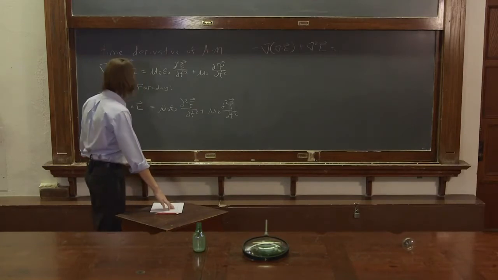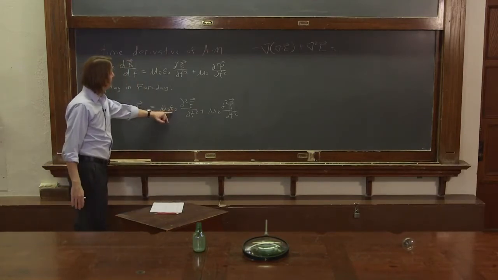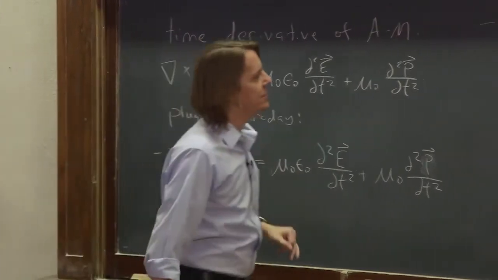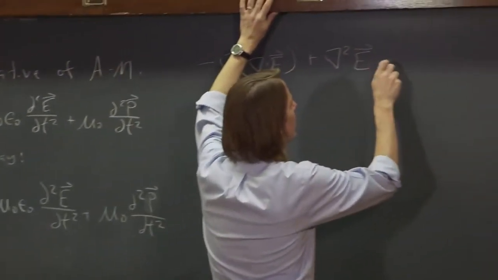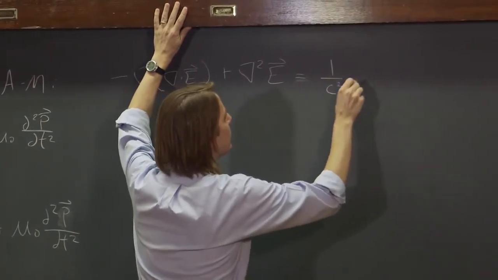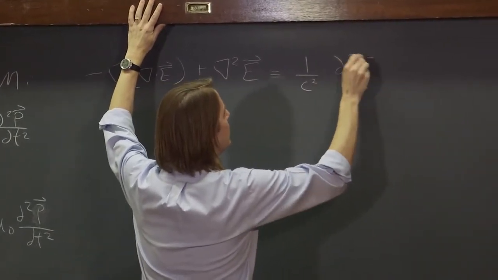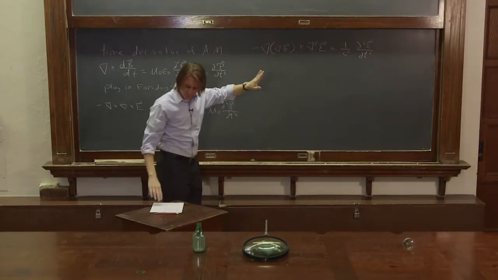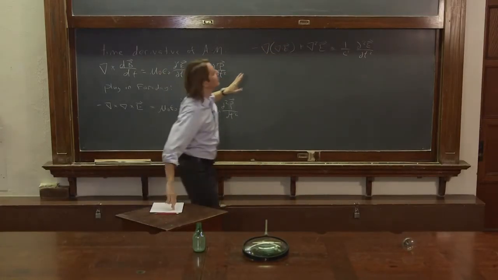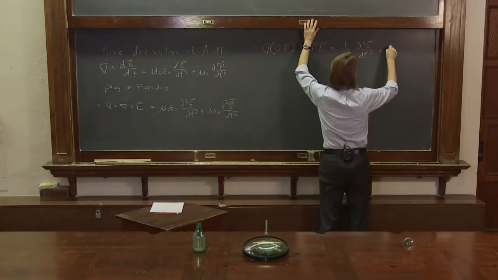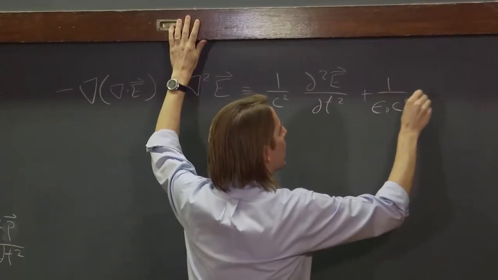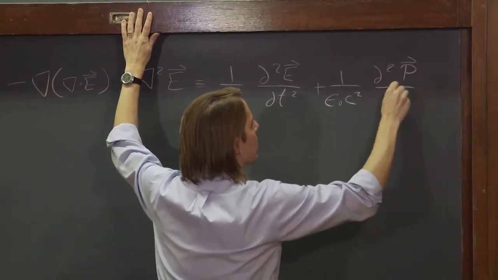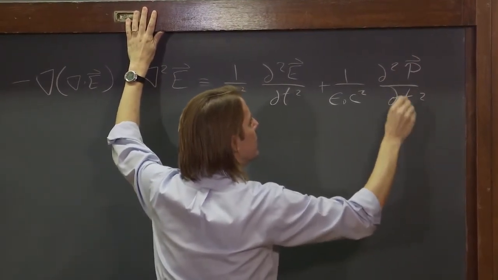So this is equal to, let's go ahead and start filling in the speed of light here because we know what's coming. This is 1 over c squared d²E/dt² plus 1 over epsilon naught c squared d²P/dt².